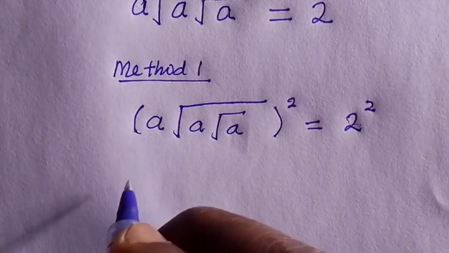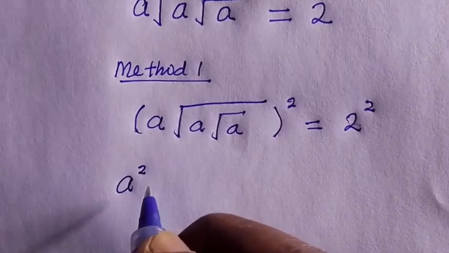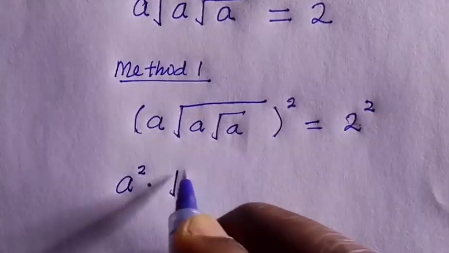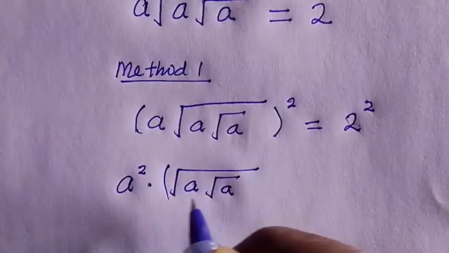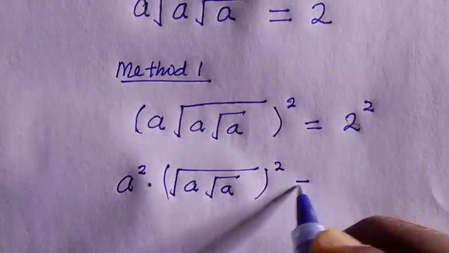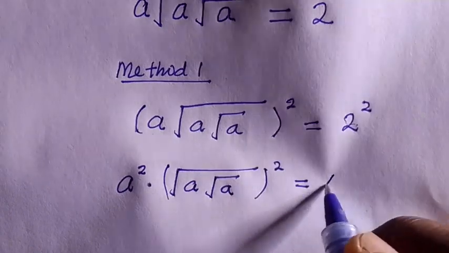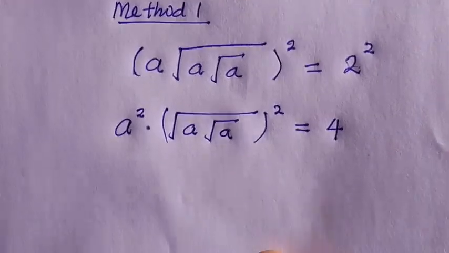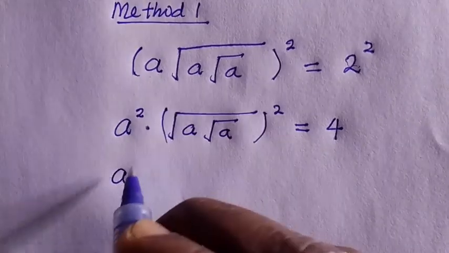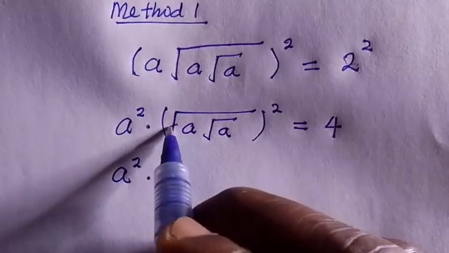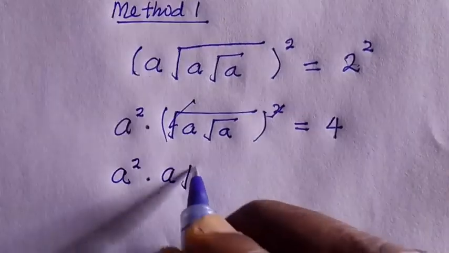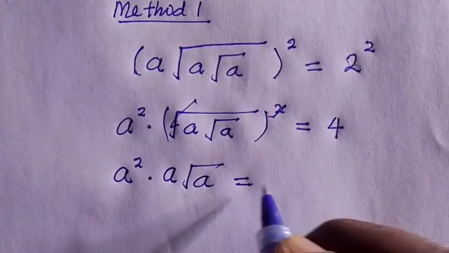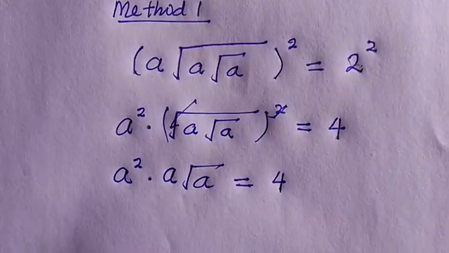So we have a to the power of 2 multiplied by root a raised to the power of 2 equals 4, since 2 to the power of 2 is 4. Next we have a to the power of 2 multiplied by root a, as the square cancels the root, equals 4.